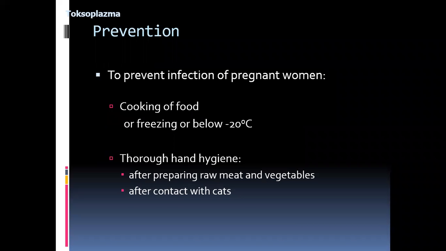Now prevention: how can we prevent a case of toxoplasma? To prevent infection of the pregnant woman, first of all, cook the food, and freezing below about minus 20 degrees centigrade.